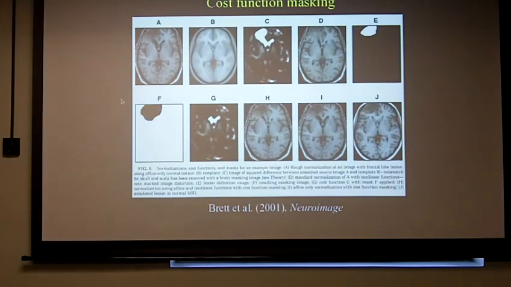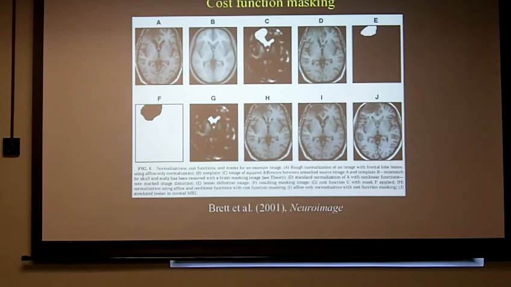That's the issue, and one way of dealing with that problem is called cost function masking, which was originally developed by Matthew Brett in 2001. At that time he ran SPM2 nonlinear normalization, and he still got distorted images.